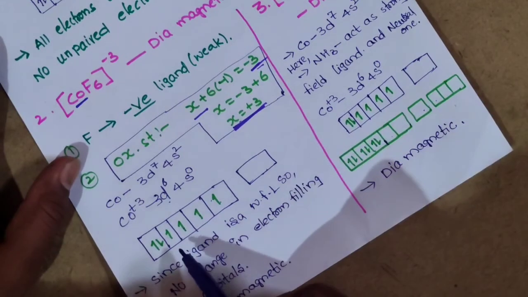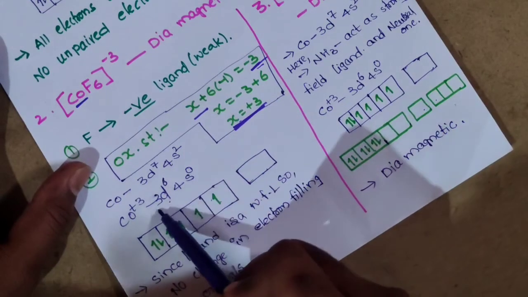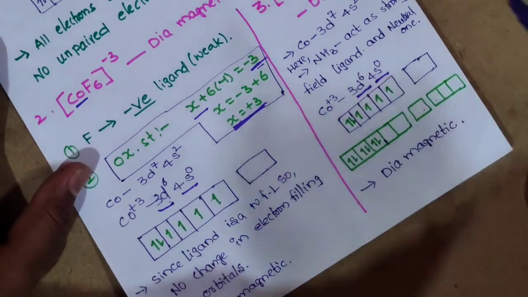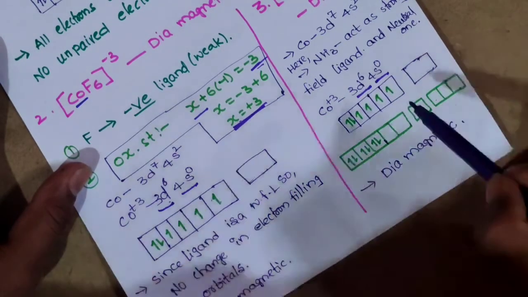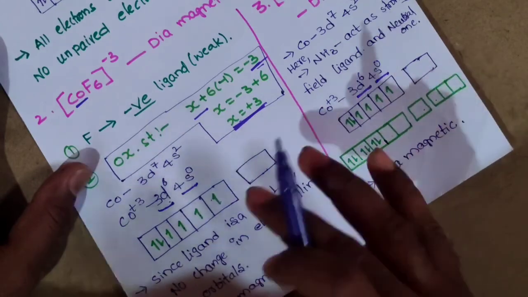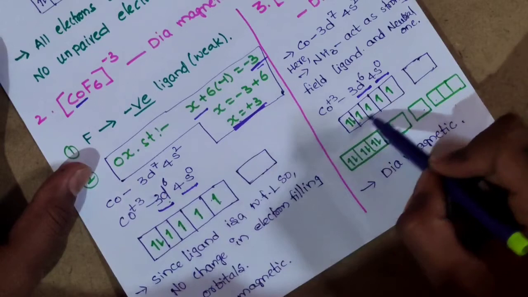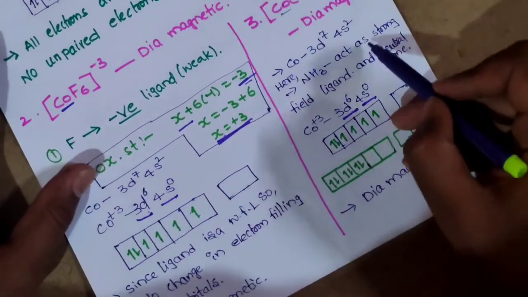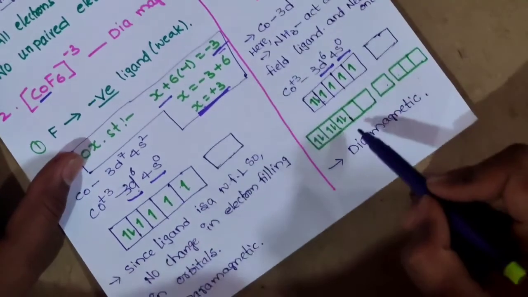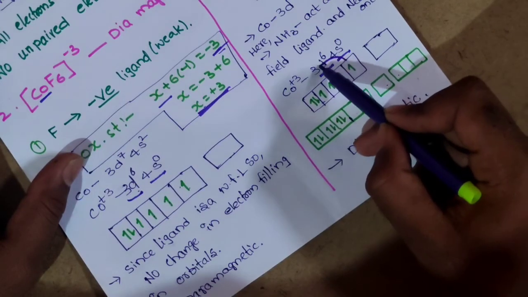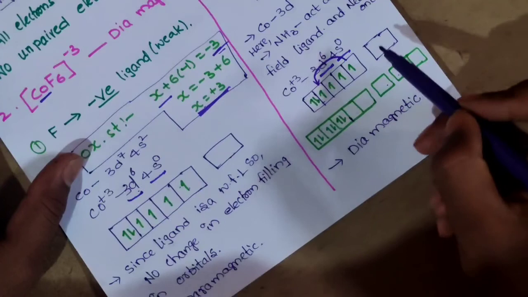see, observe here, it has 3d6 4s0, and here also it has 3d6 4s0. And in the general case, the electron pairing takes place like this. But in the case of strong field ligands, these electrons will come and pair up with the unpaired electrons.